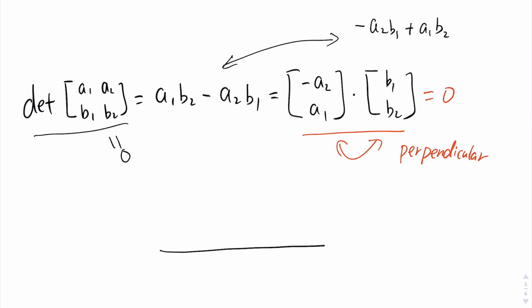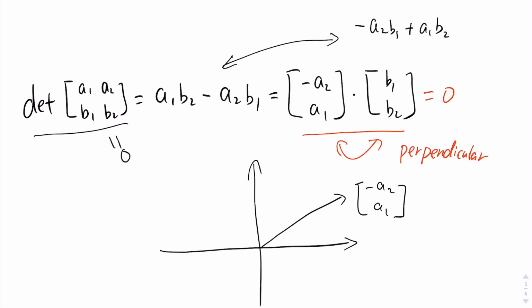Now if we draw this on the graph, we get the first vector minus a2, a1, and another one b1, b2. And their determinant is 0.